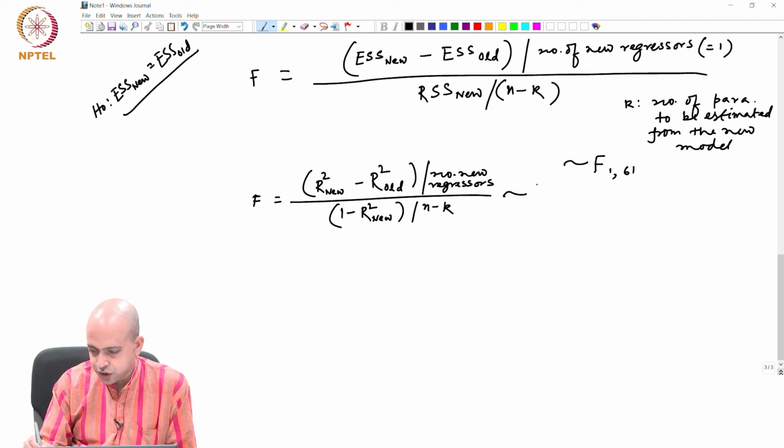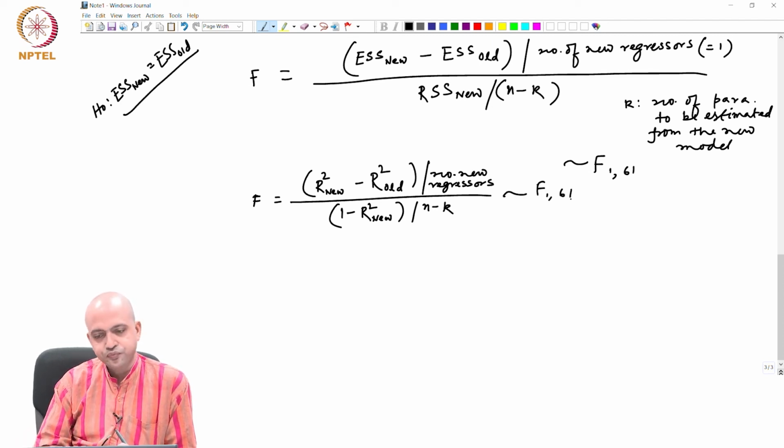That also follows the F distribution with 1 and 61 degrees of freedom.